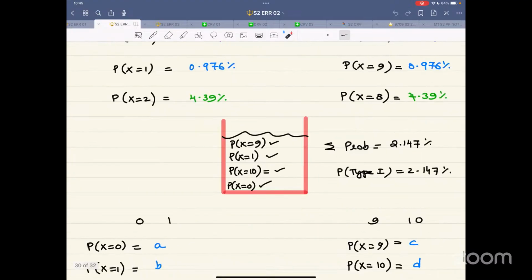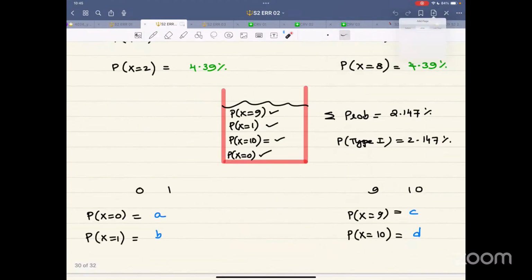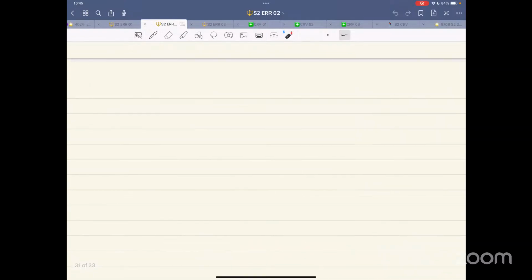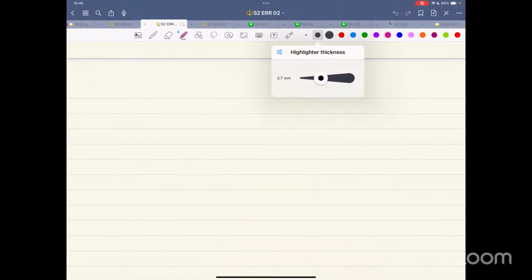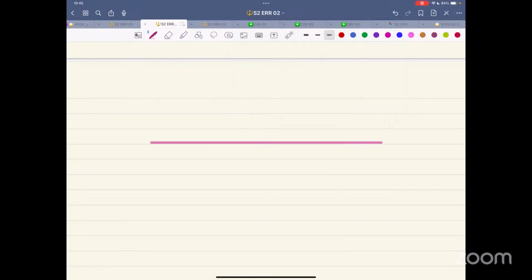So let me add a page. I need to write something more. So over here, let me draw a number line first, and let me label it properly. So this is 0, this is 1, this is 2, this is 10, this is 9, this is 8. So 0 and 1 and 9 and 10, this is the critical region.